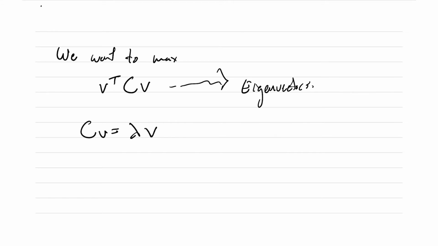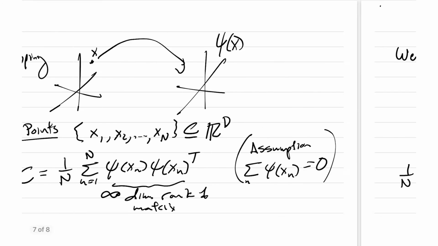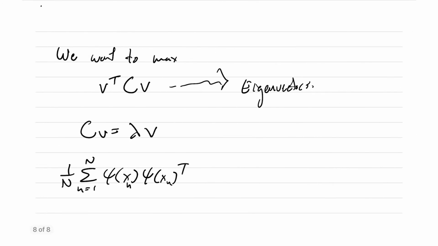And so what we get then is the sum of 1 over N times psi(x_n) times psi(x_n) transpose, n equals 1 to capital N. Make sure I did everything. Yep. And now we're going to apply this to V, and then we should get lambda V out of it.